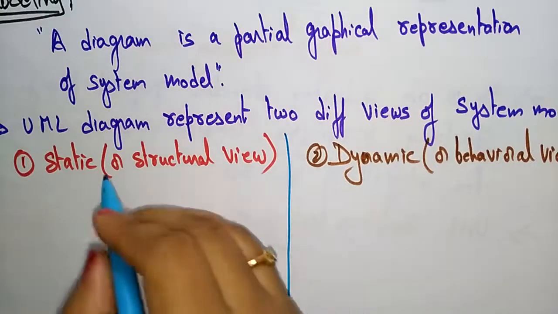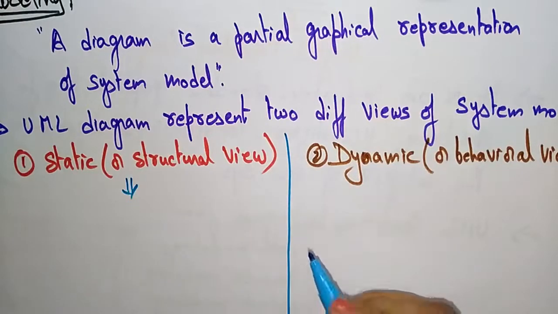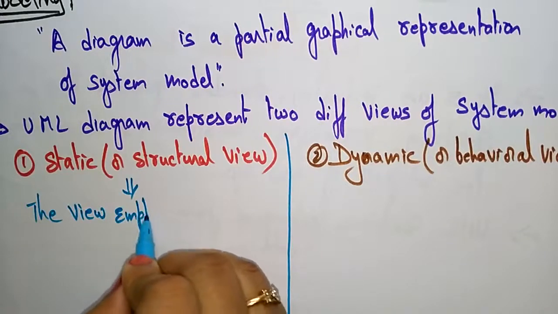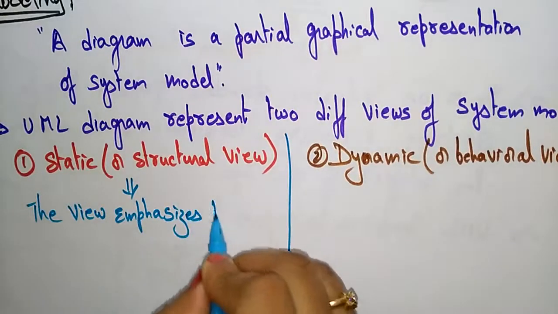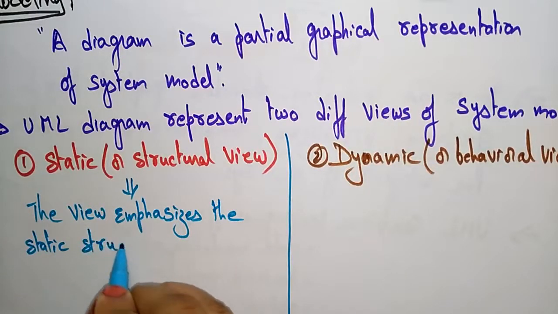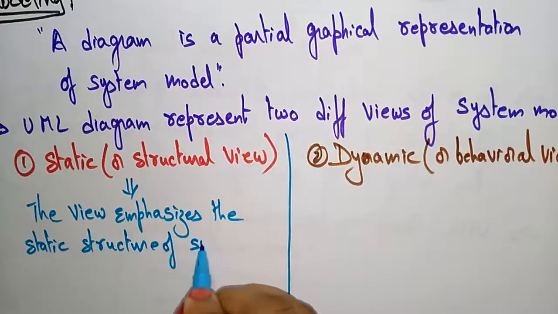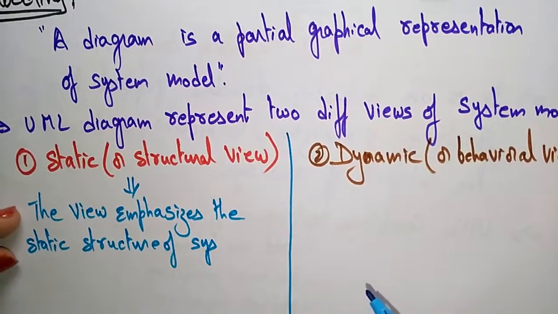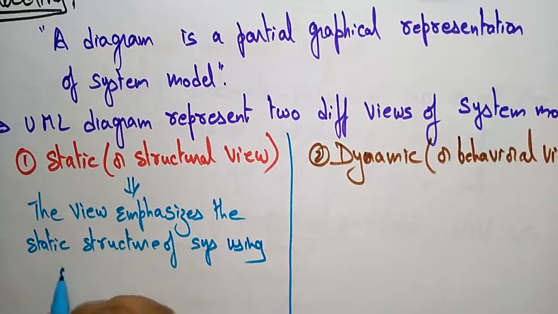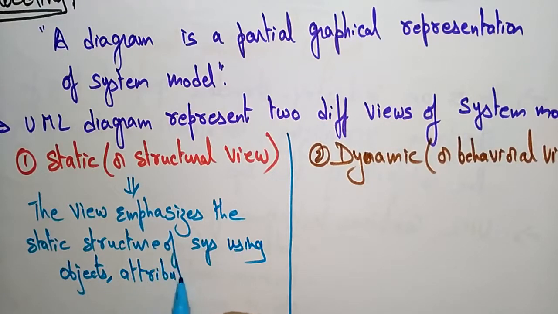Now let us see what the static, that is the structural view, is. This view emphasizes the static structure of the system. The static structure of the system can be emphasized by using objects, attributes, operations, and relationships.